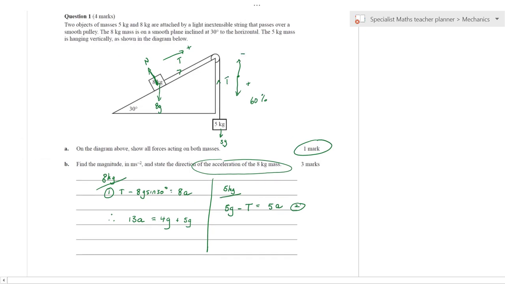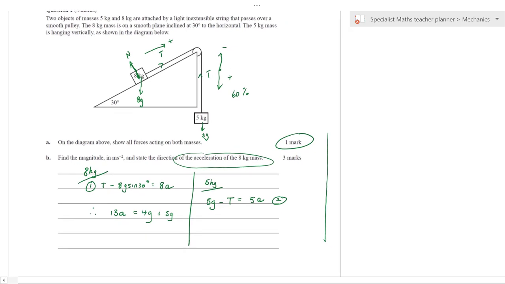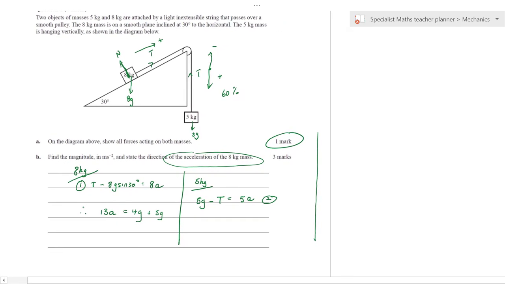Okay, so I hope you've had a little bit of a think about it. When you have two connected particles, I want you to consider that you can also do it this way. Okay, and it's just another way to consider it. Basically, let's just say here's a tension. Now, forces are equal and opposite, so we couldn't give a hoot about those.